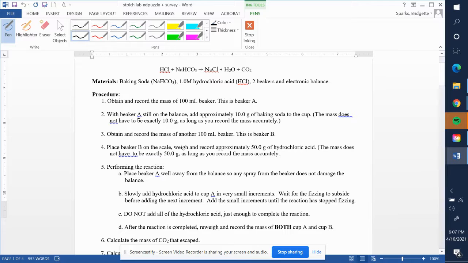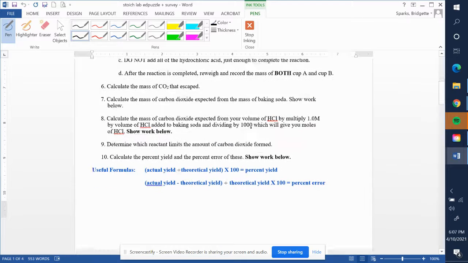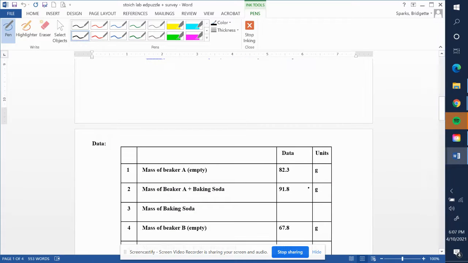All right. With beaker A still on the balance, you added 10 grams of baking soda. It didn't have to be exact because we were going to do some stoichiometry with that. And so you can see that the beaker and the baking soda came to 91.8.